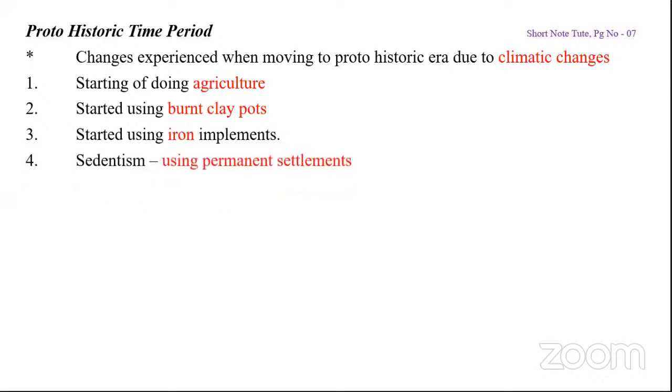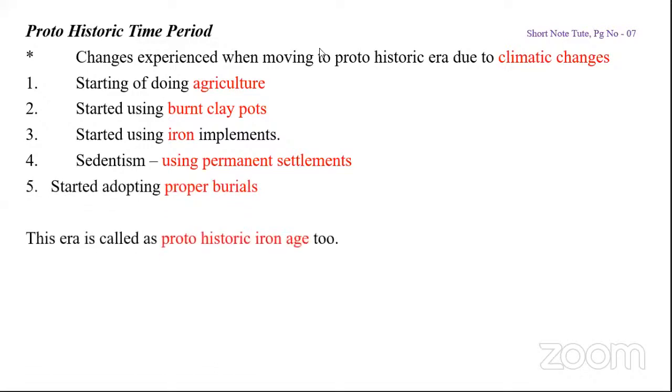So what is sedentism? Using permanent settlements. Because of agriculture, they started settling permanently in places where they could do agriculture. And they used burnt clay pots to cook their food. They also started adopting proper burials. So this time period is known as the Proto-historic Iron Age.